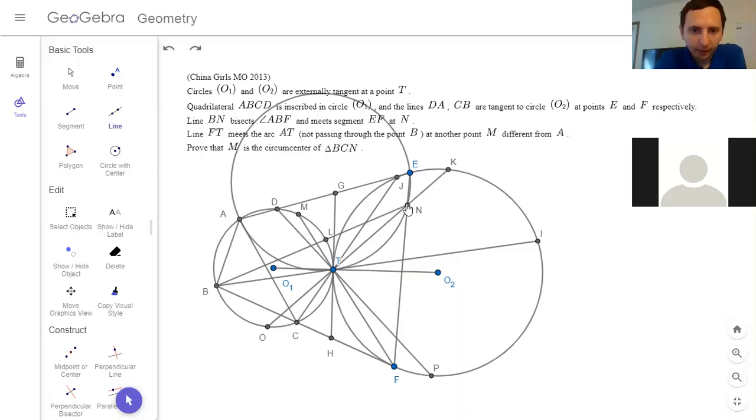I kind of like that. So ATG is ABT, and GTN is TFK.